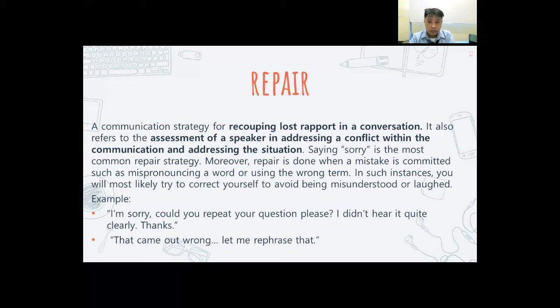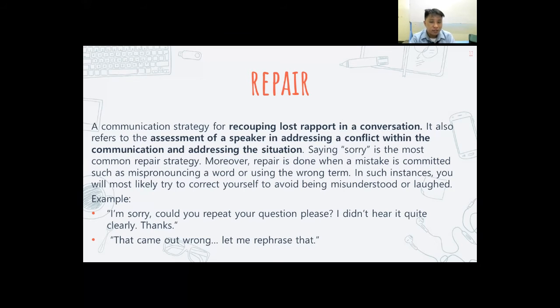Repair is done when a mistake is committed, such as mispronouncing a word or using the wrong term. In such instances, you will most likely try to correct yourself to avoid being misunderstood or laughed at. For example, "I'm sorry, could you repeat the question? I didn't hear it quite clearly. Thanks." And "That came out wrong. Let me rephrase that."